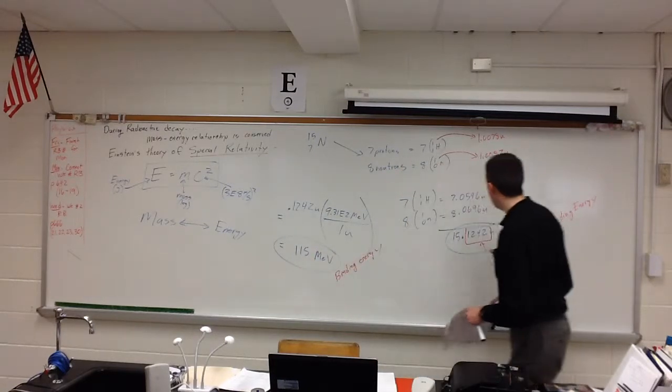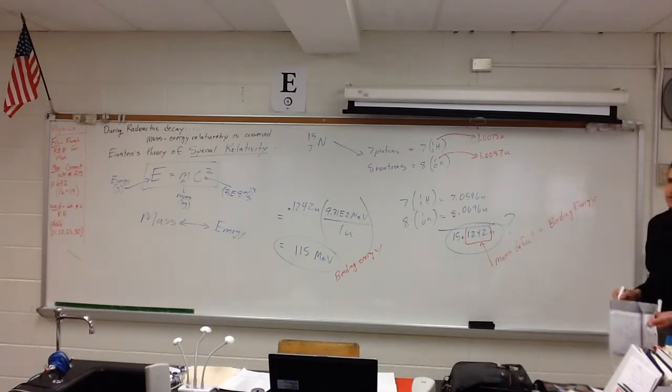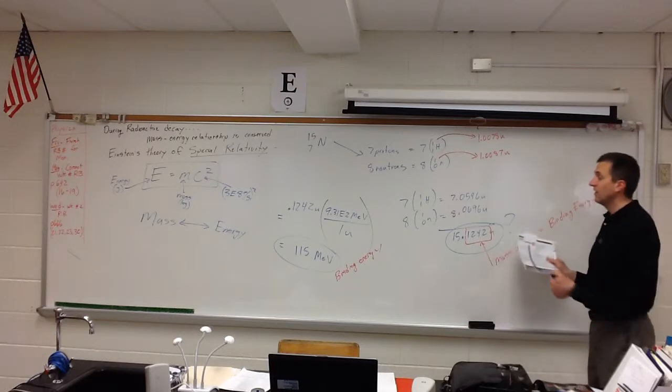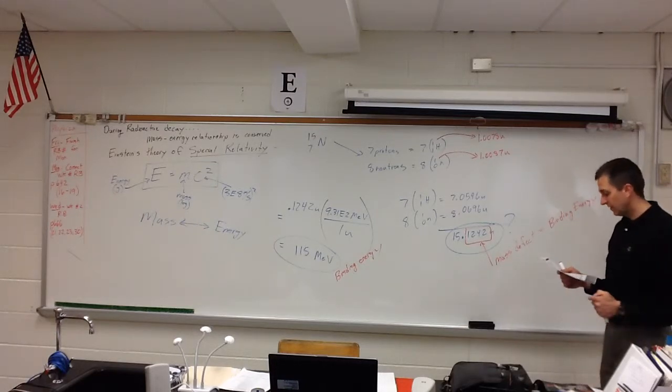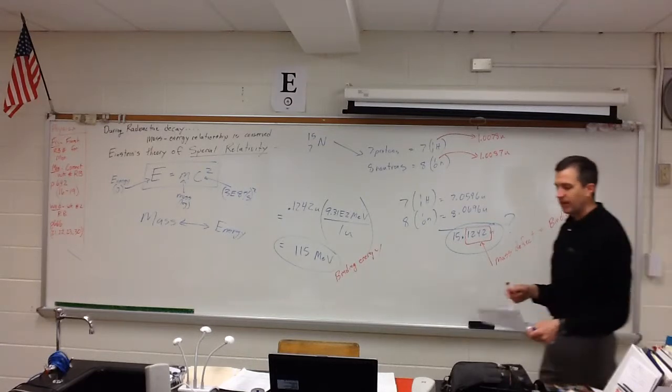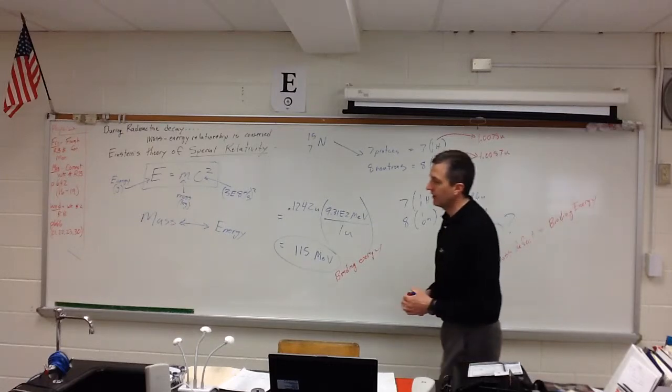So we have binding energy and we have mass defect. And because of Einstein's E equals mc squared, they're equivalent. It goes something like this.